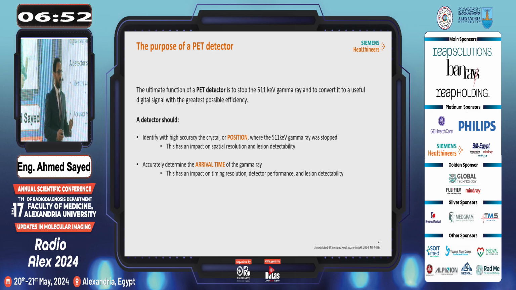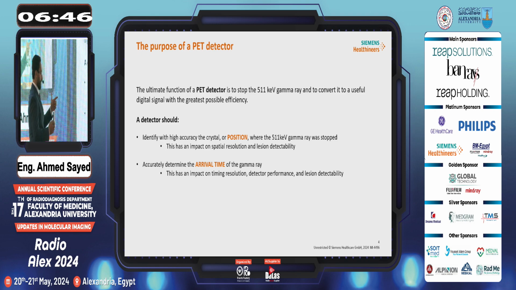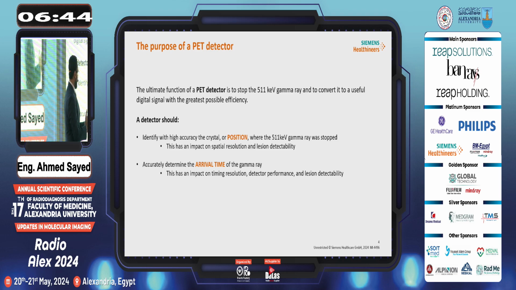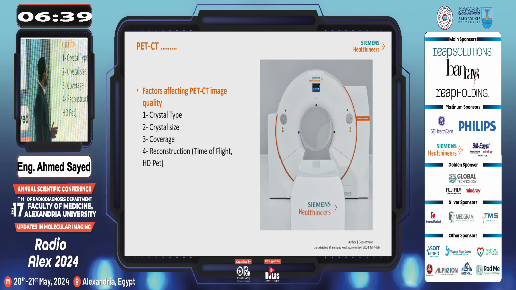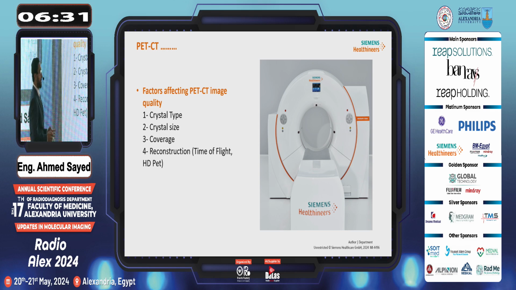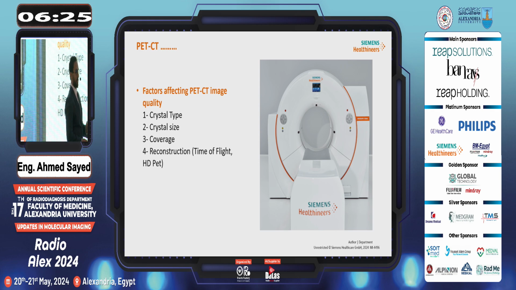So we have two very important things that all detectors should have: know the gamma ray position and the arrival time. Today we will discuss four very important things related to PET detectors. The first one is crystal type. The second one is crystal size and coverage and reconstruction method.